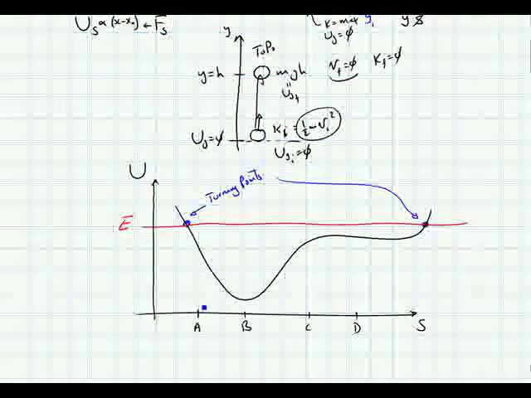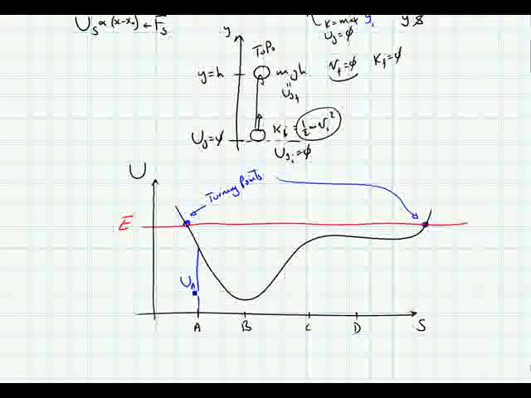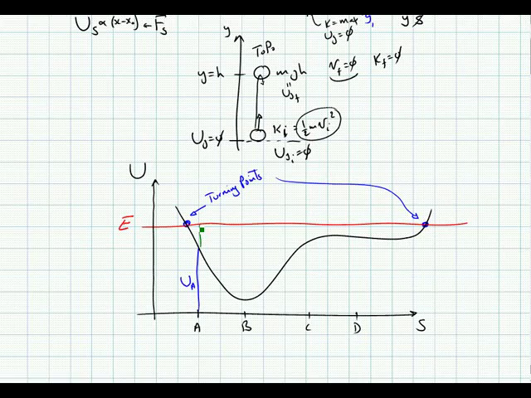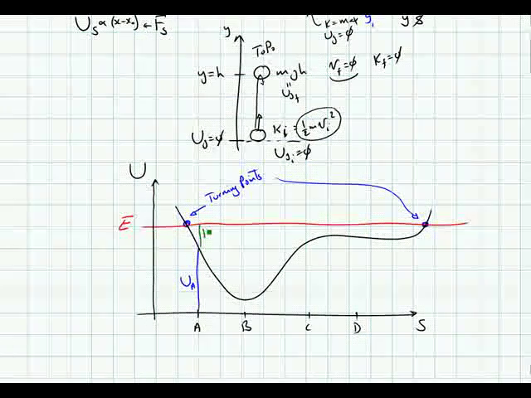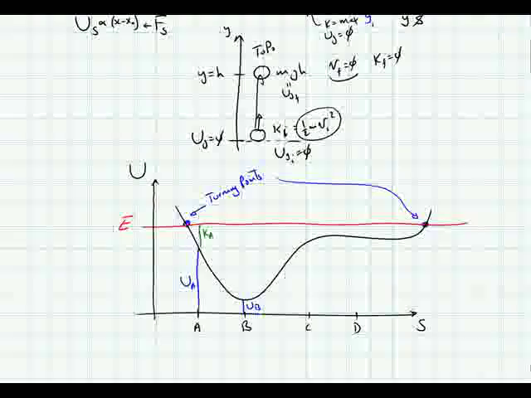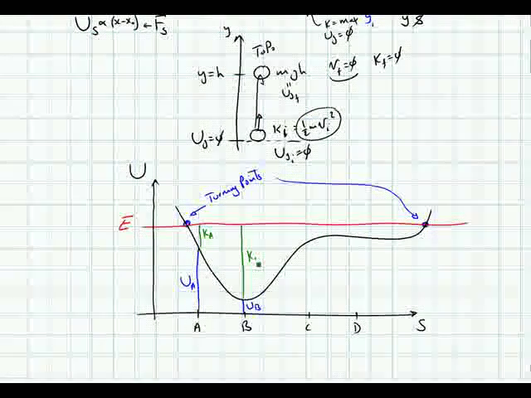At position A, the potential energy that the object has is given by the graph. So this is potential energy at position A, and what is left till the maximum energy level, of course, is the kinetic energy at A. Similarly, here we have potential energy at position B, and this is kinetic energy at position B.